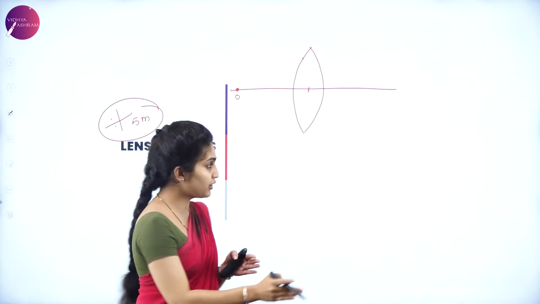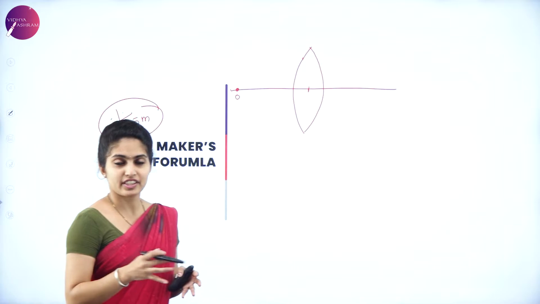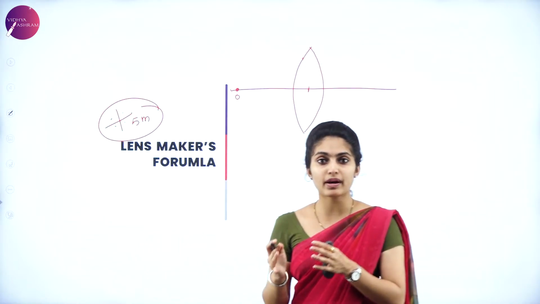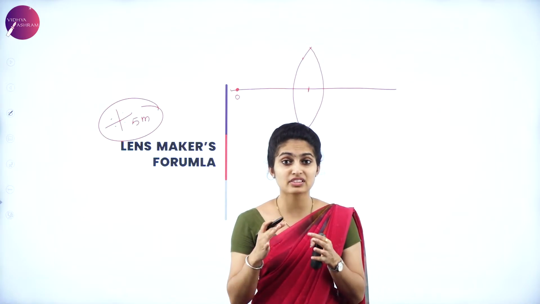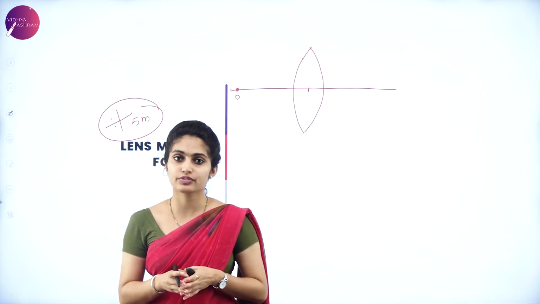From the center of this division itself, the deviation will be taking place in case of lenses. But in the refracting material, when the light ray passes from rarer to denser, there is a bending of light, correct? So let us go through that refracting surface technique.